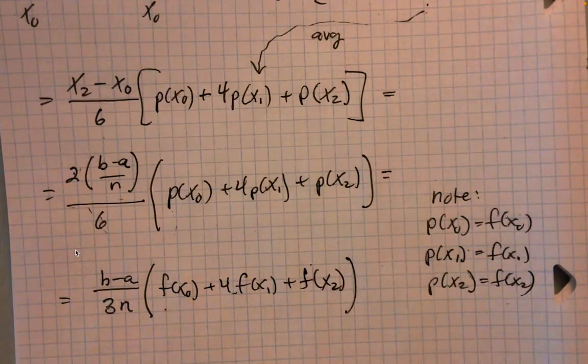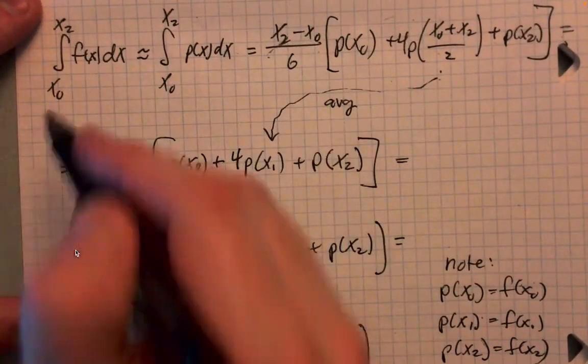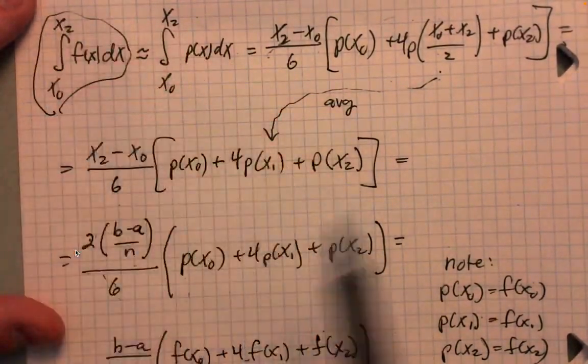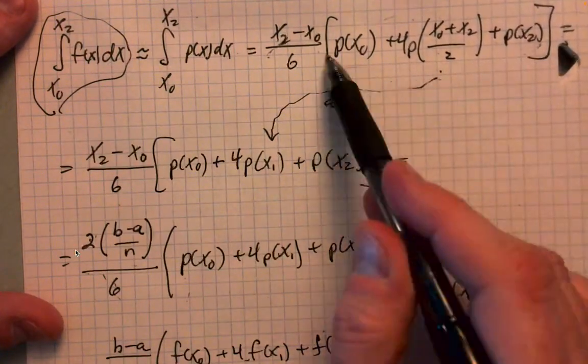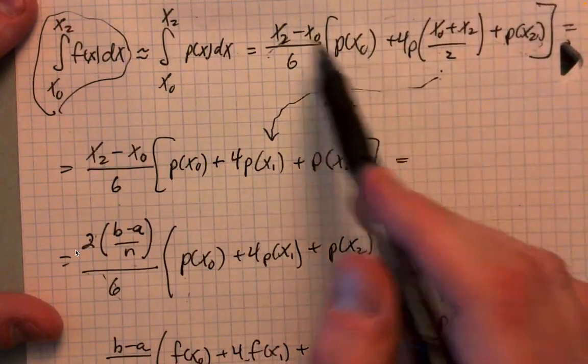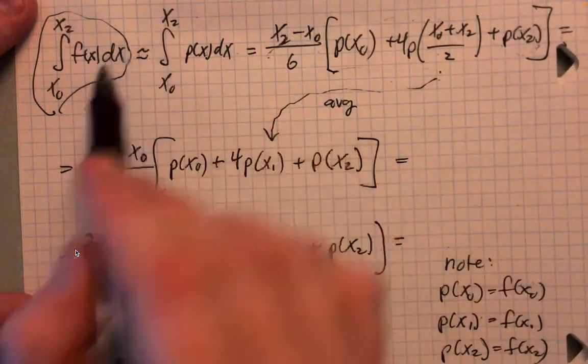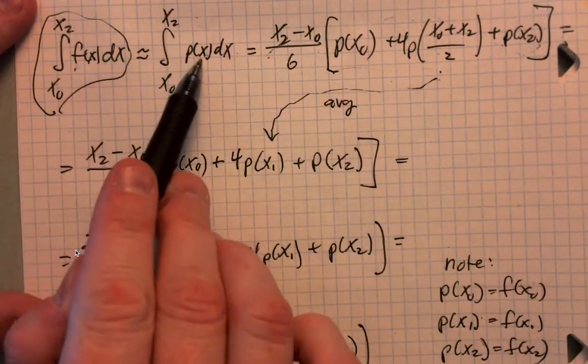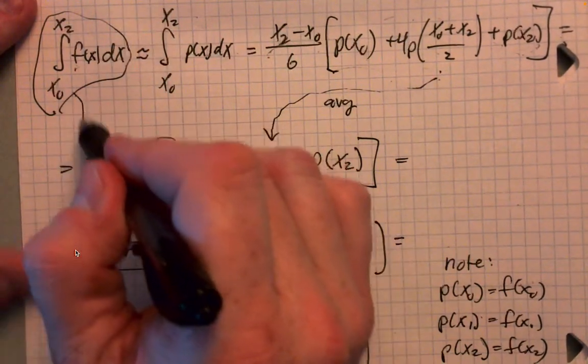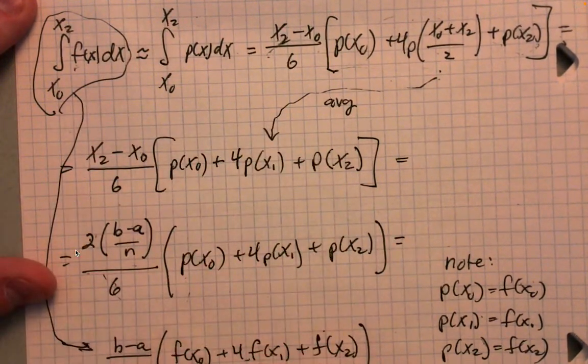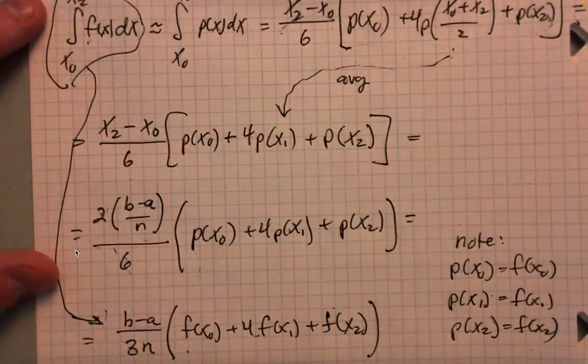So what we have here is a formula that takes this expression involving polynomials, and because our f is approximately equal to the polynomial on the interval, we can use that to come up with an expression that involves f rather than p, which is a lot more convenient.